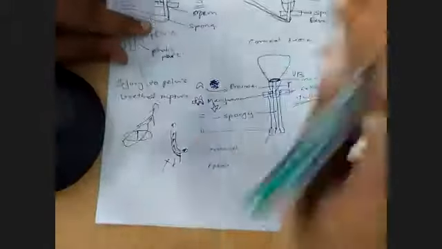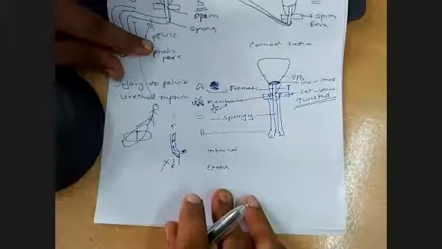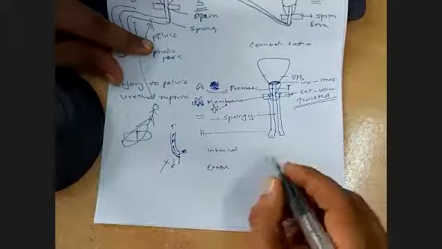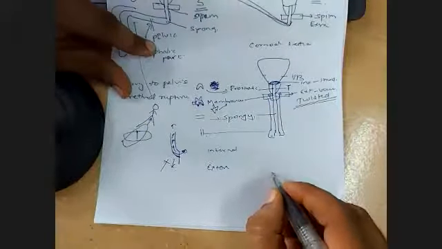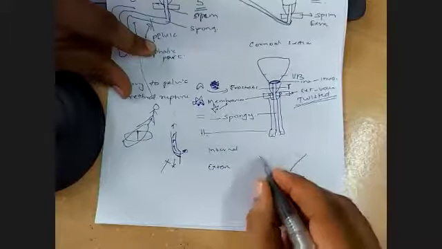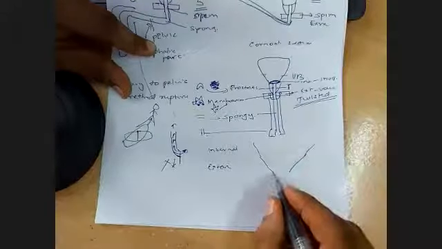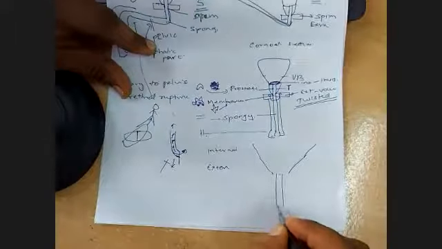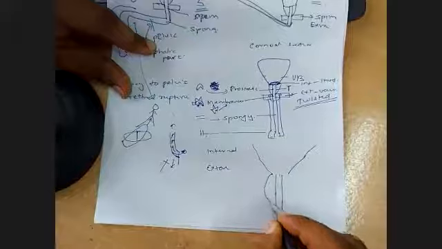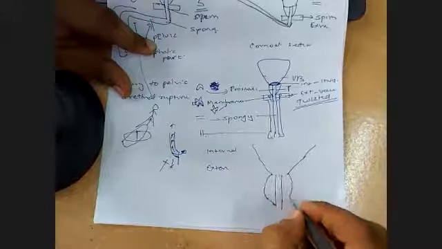The details of only one part of the urethra which you have to know, and that is the prostatic urethra. Suppose now I'm drawing a small view. This is the urinary bladder, and this is the urethra passing from the bladder into the prostate. So I'm only drawing bladder and prostate right now.